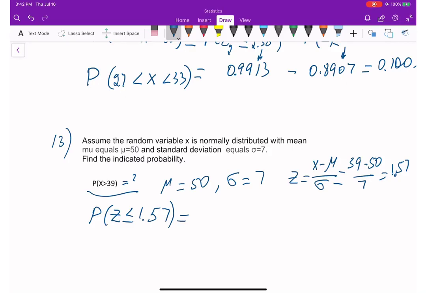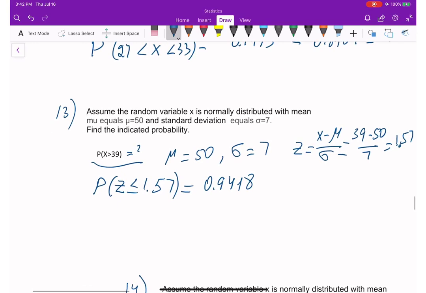If you look in the table, it's going to be 0.9418.